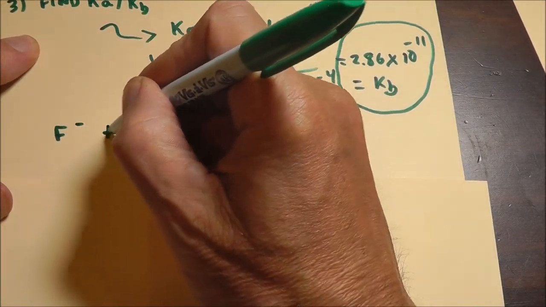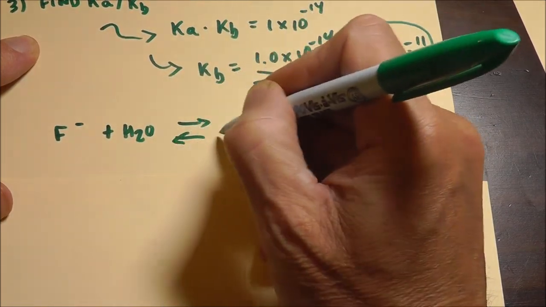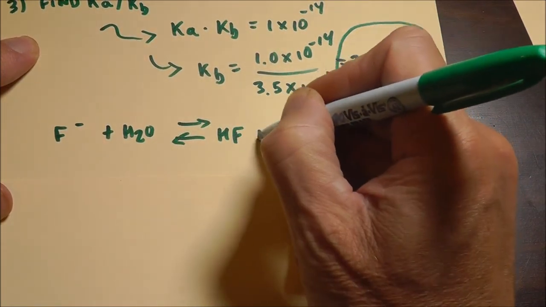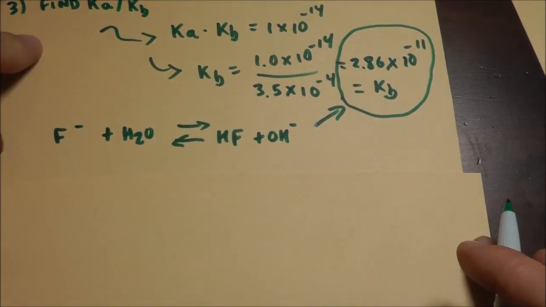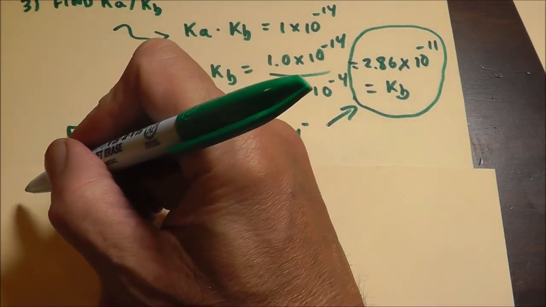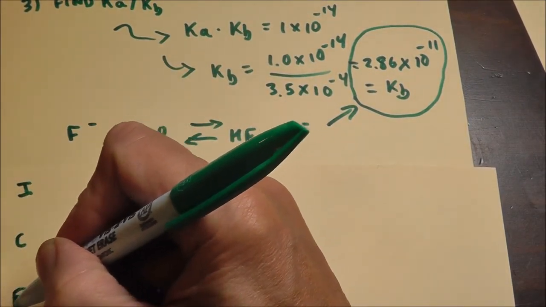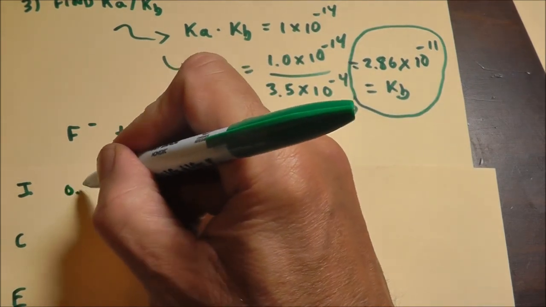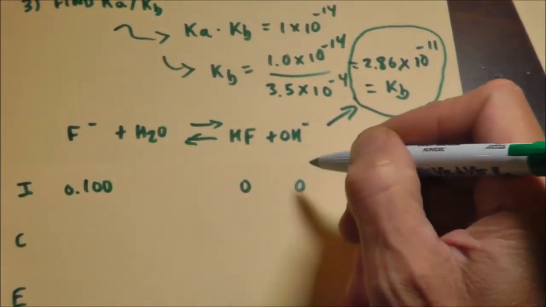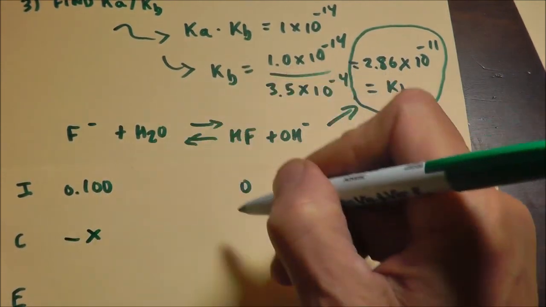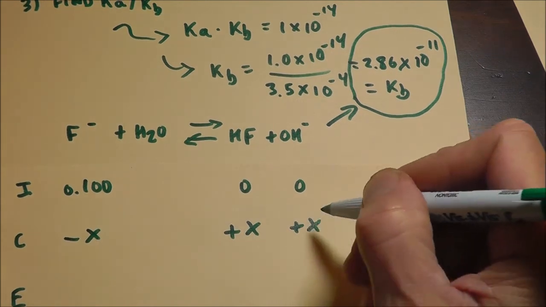F minus plus H2O goes to make HF plus OH minus. Now I know that that's its Kb. So let's do I, C, E: 0.100, 0, and 0. Minus X, plus X, plus X.